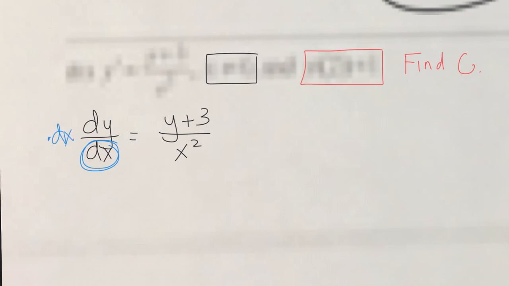Multiply. And what do we want to move from the right to the left? Y plus 3. How do we move something that's in a numerator? We divide by y plus 3.